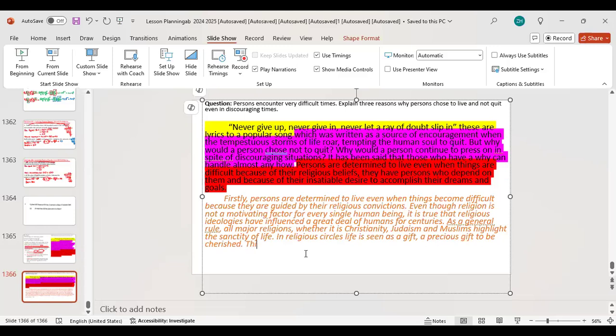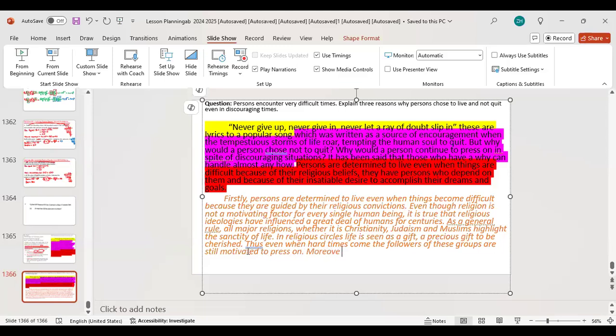Thus, even when hard times come, the followers of these groups are still motivated to press on.